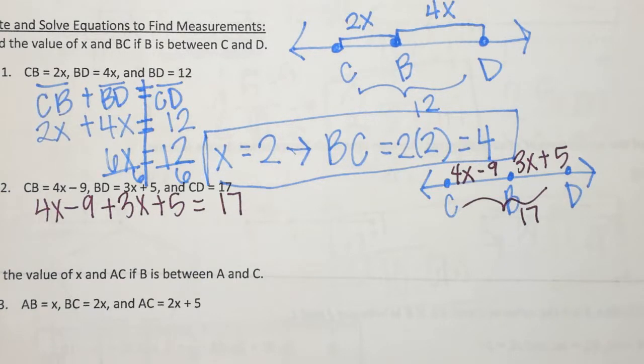Solve the equation. Yes. You got it. Yes. 7 is 6. So negative 9 plus 5 is negative 4.